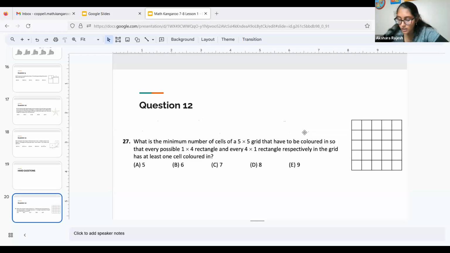But if you only color in 6 of them, you'll still have one cell left. And there could be multiple rectangles in this because they could be horizontal or vertical. So you would have to color in 7 of them so that that one cell could be colored in. That's what I did.